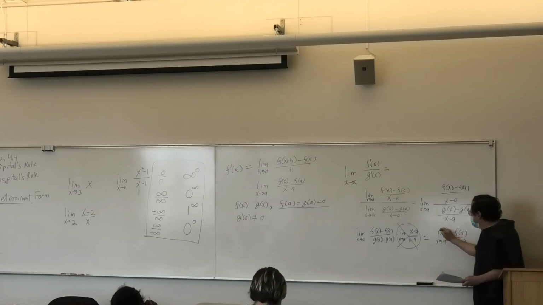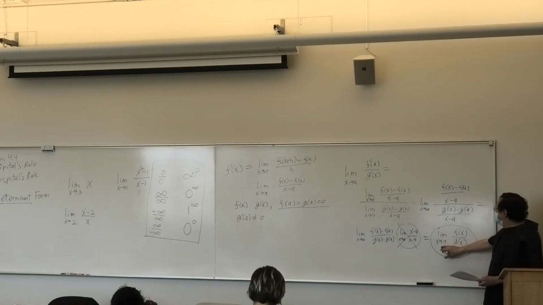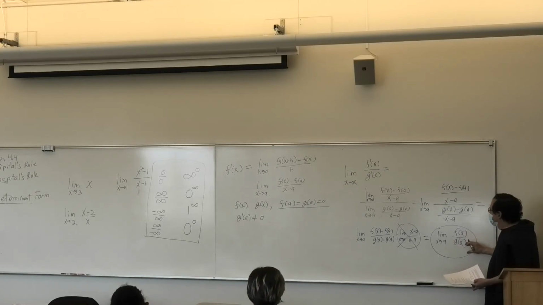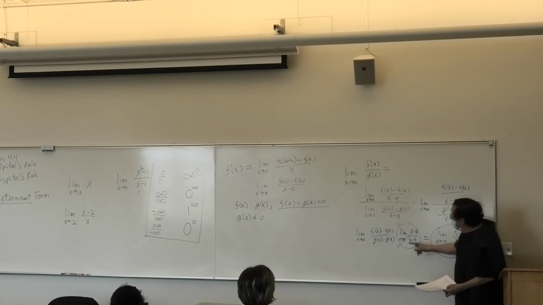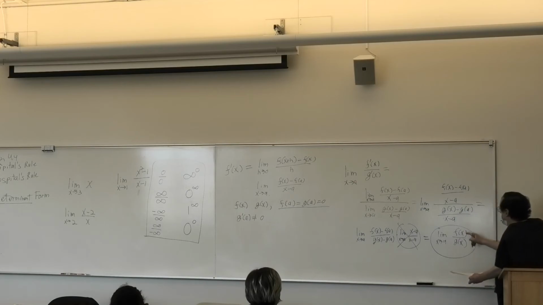This is where we wanted to start. We want to know about a limit that's indeterminate, right? F of x goes to 0 as x goes to a, so this is going to 0 over 0.